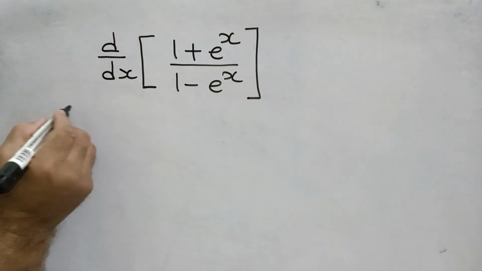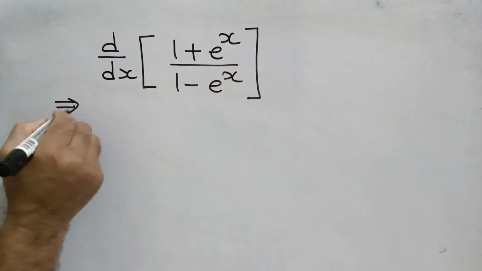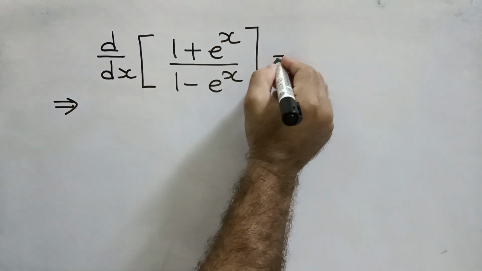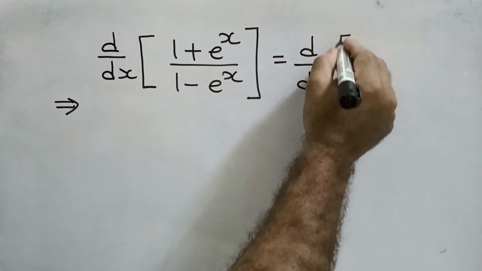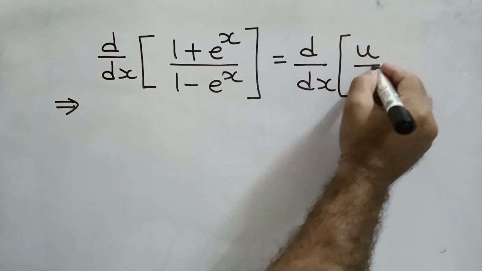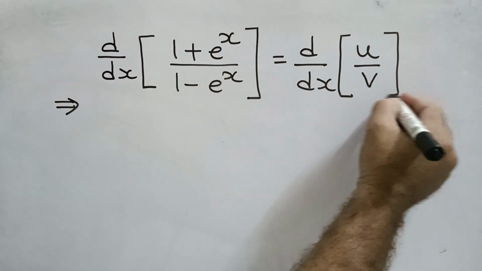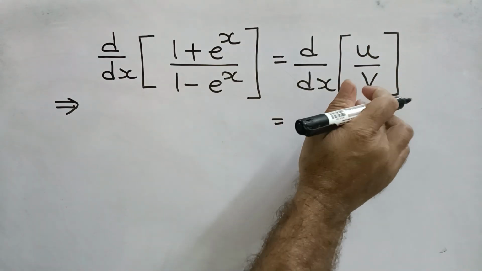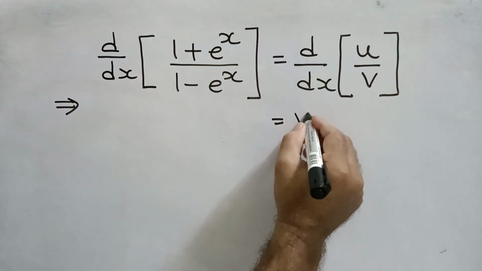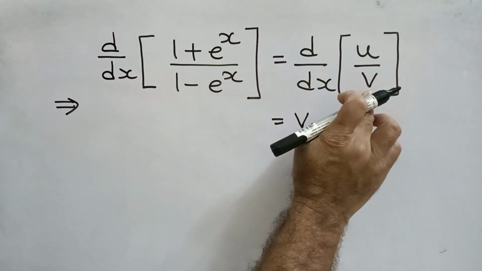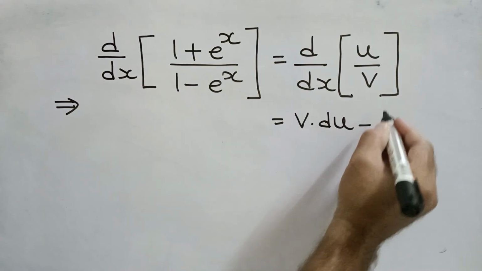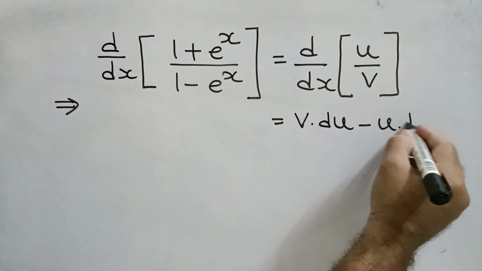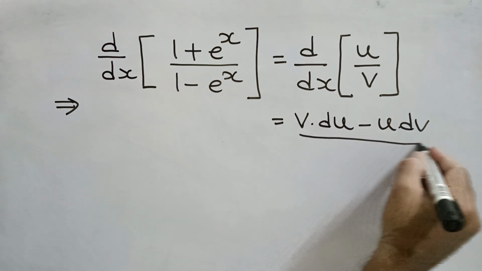If you can see this, obviously it is in the form of u by v. That is d by dx of u by v. You already know this very familiar formula. What is this general formula? v, nothing but the denominator part, v into du minus u into dv, by v square.